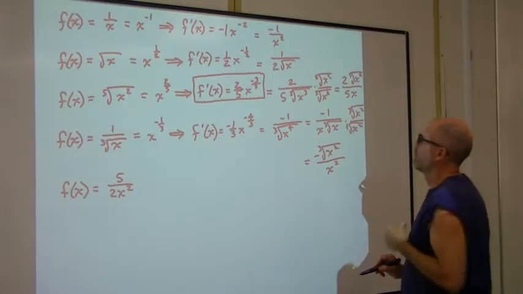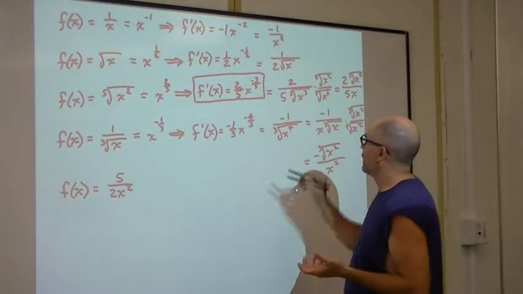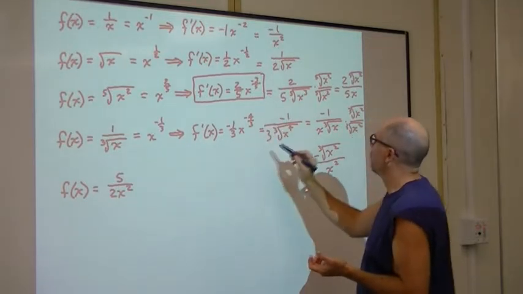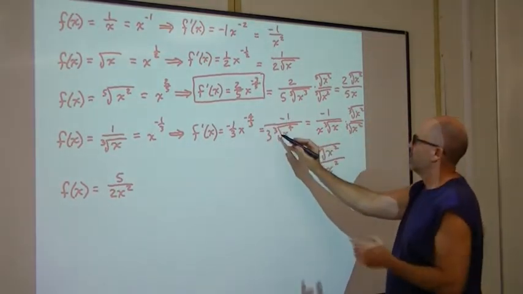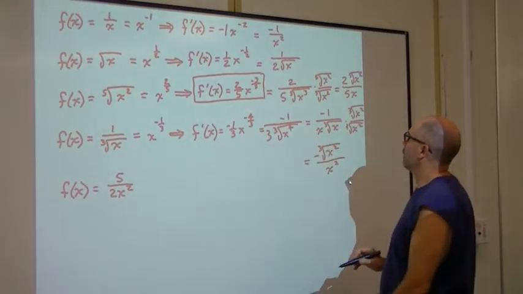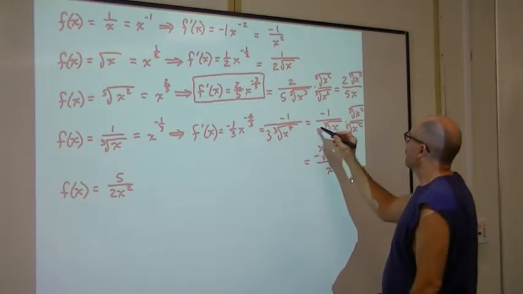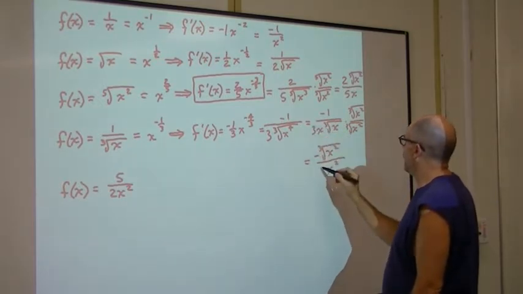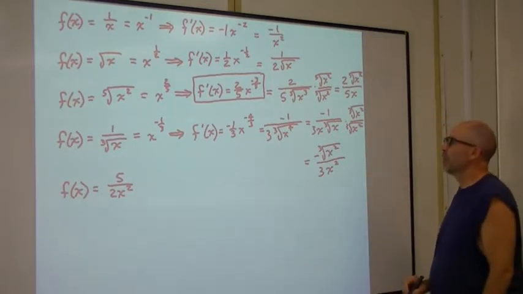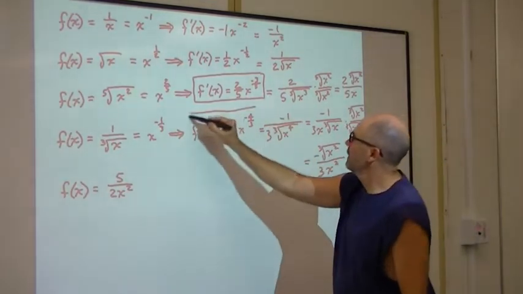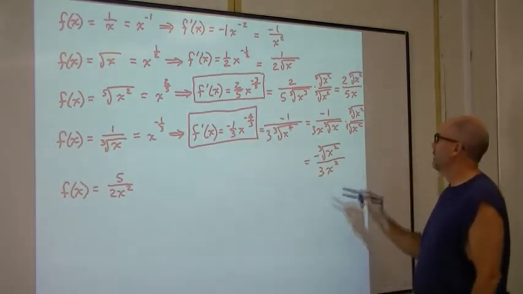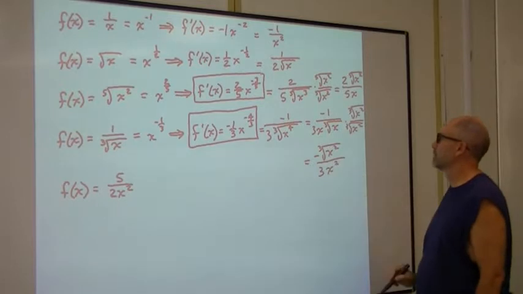Oh, I just forgot the 3. I knew something had gone awry. Okay, so there's a 3 here because it's negative 1/3 times the cube root of x to the 4th. All right, and so then we put a 3 here and a 3 here. So like I said before, this is actually a simpler form than this beast.